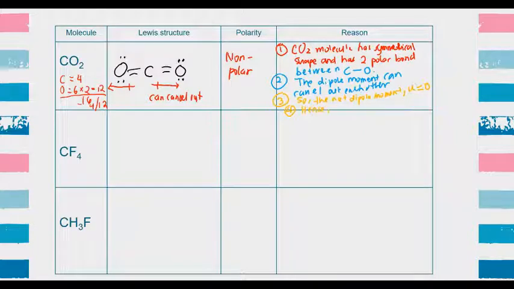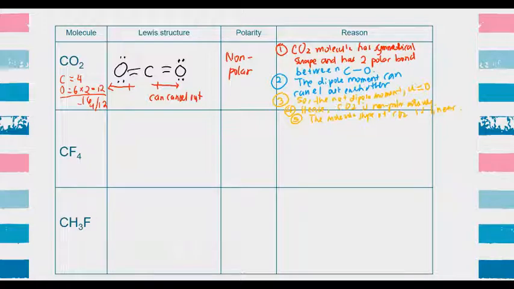Hence, CO2 is non-polar molecule. And then bagi another point, the molecular shape of CO2 is linear. Okay. So that's I bagi a few point dekat situ.